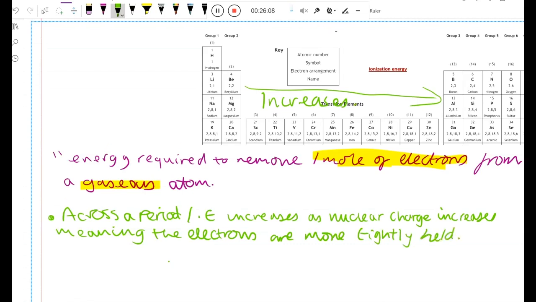Okay, so the stronger the nuclear charge, the more able the atom is to keep hold of its electrons.